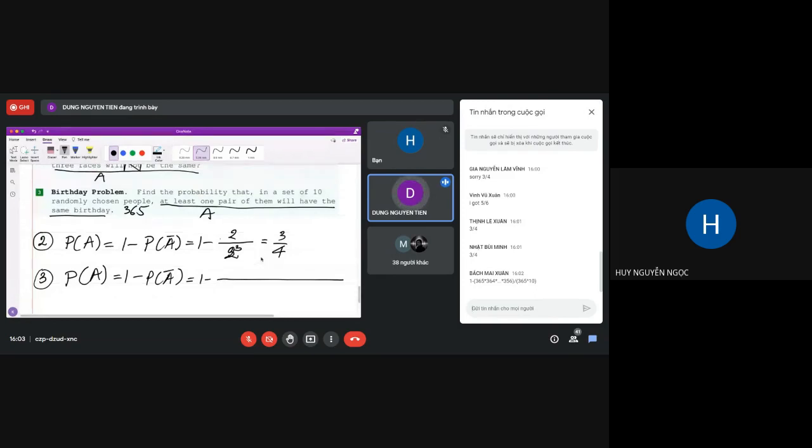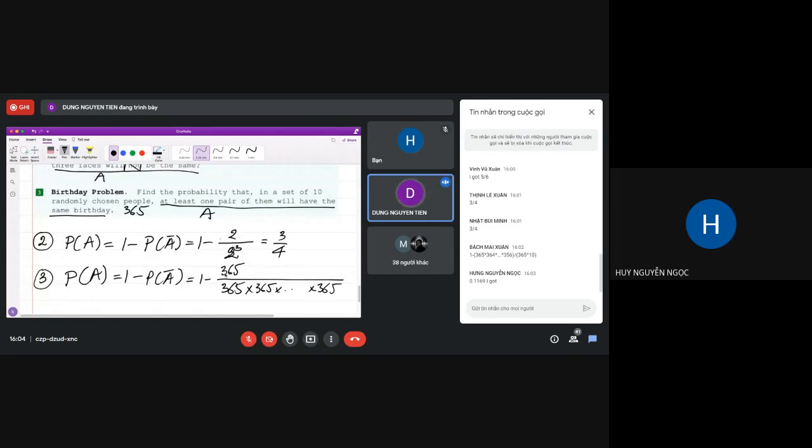Because there are 10 people, if you don't care whether their birthdays are the same or not, you have 365 for the first person, 365 for the second person, and so on, right? But if you want their birthdays to be different, then the first person has 365 options to choose his birthday.